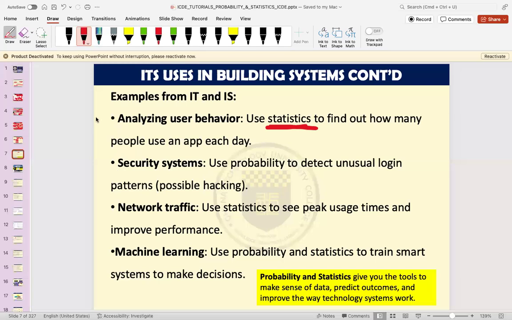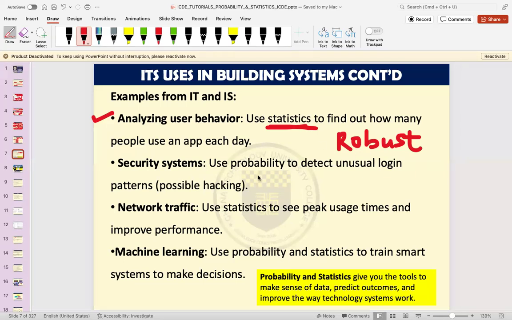Now, second concept, about security systems. You know that because of the hackers, every system that we develop will have to be a robust system. You have to build a robust system. And so how do you ensure that the security system of your system is top-notch or robust?